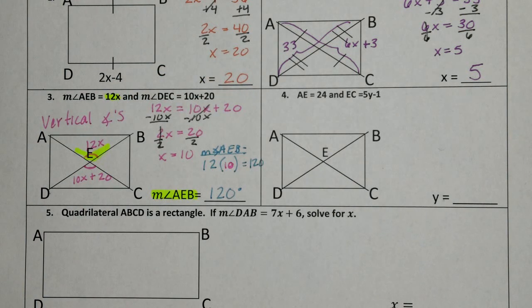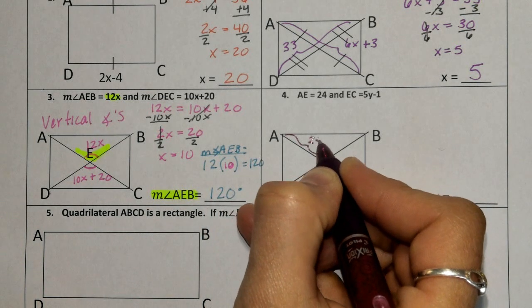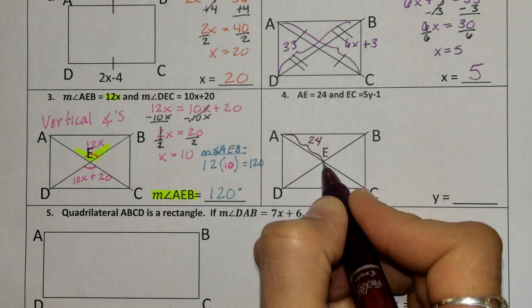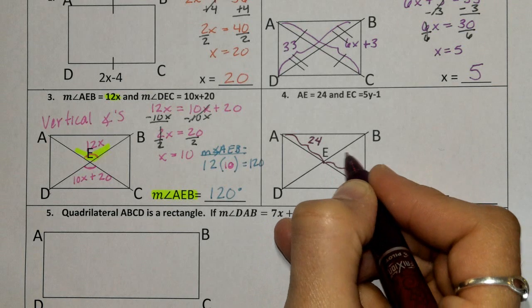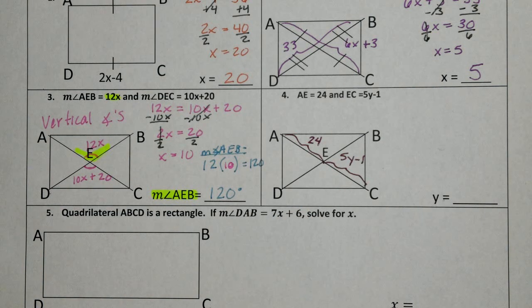All right, the next problem here, number 4, we're looking at AE, so from A to E right here is 24, and from E to C right here is 5y minus 1. So we're going to solve for y. So we're talking about the diagonals again, and we know that from parallelograms, which a rectangle has all those properties, our diagonals bisect each other.